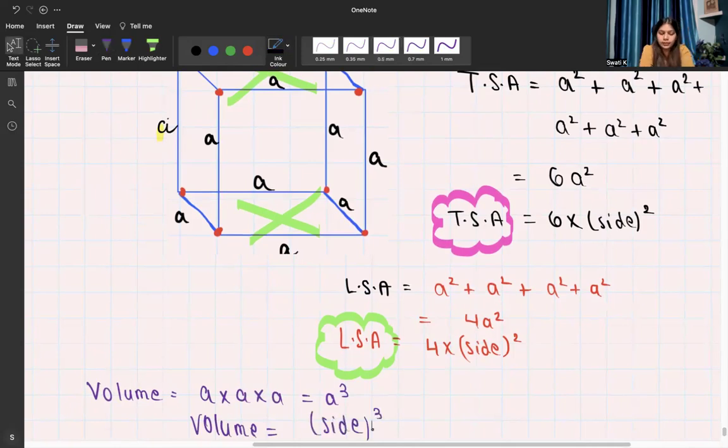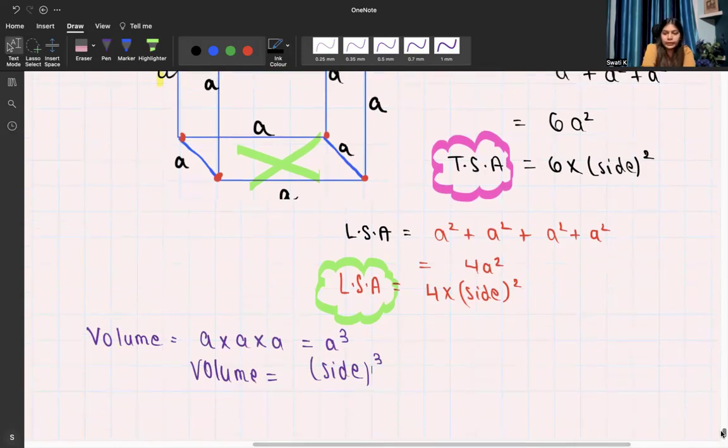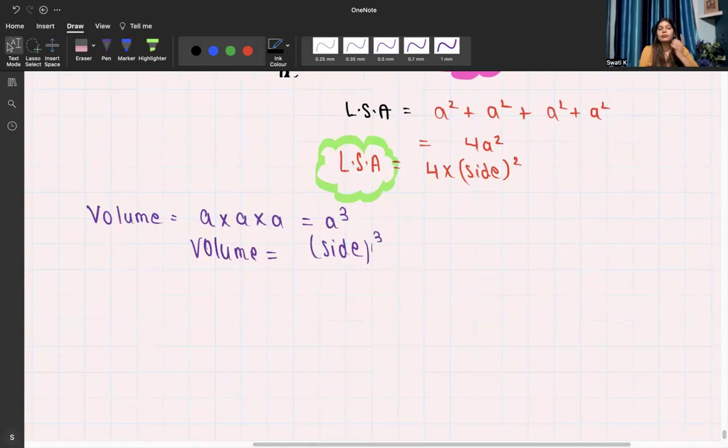Maybe some of the things I missed, like the unit and all the other things. I'm going to cover them in another video, which is going to be only questions based on volume, perimeter, total surface area, and lateral surface area of a cube and cuboid. I hope you understood all these formulas properly.